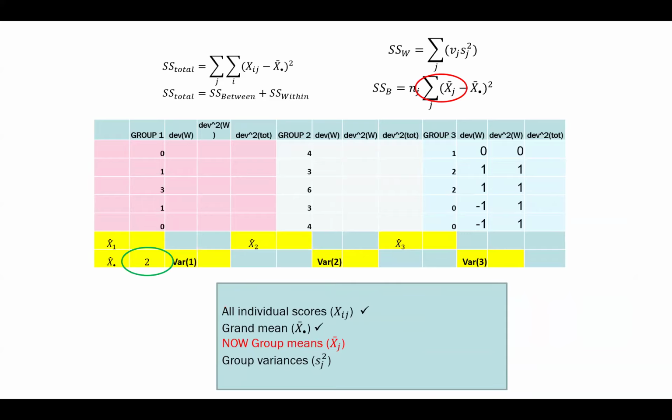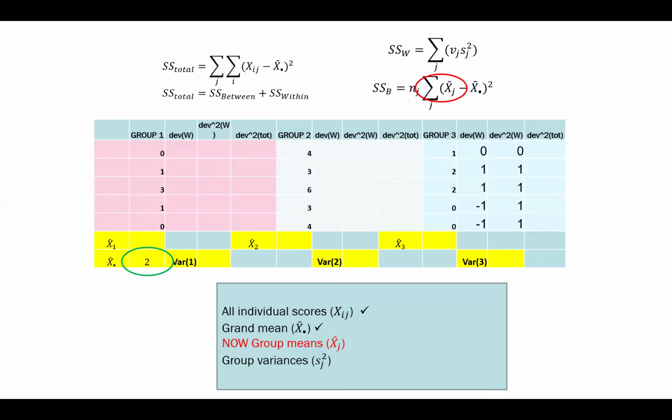So what do we need next? We need the group means. The group means are necessary for calculating the sums of squares between, which is our transition point to get to the mean squares between, the numerator of the F statistic. You see in that formula, X bar sub j is each group mean. None of this is hard to calculate.